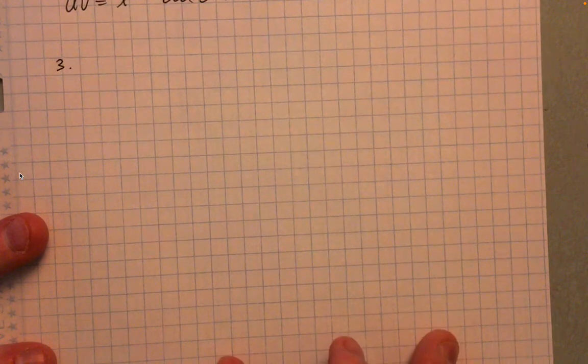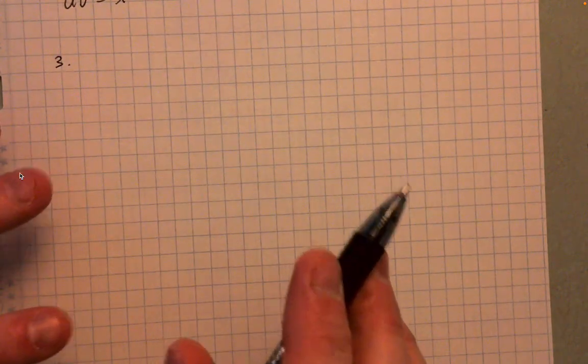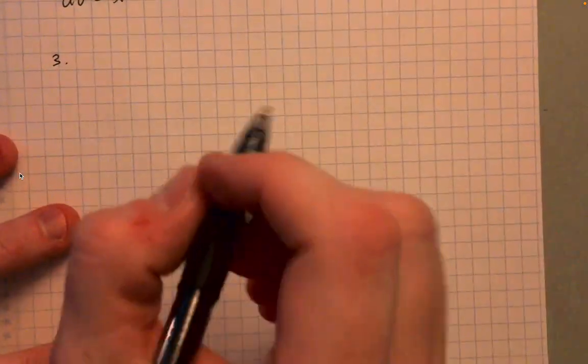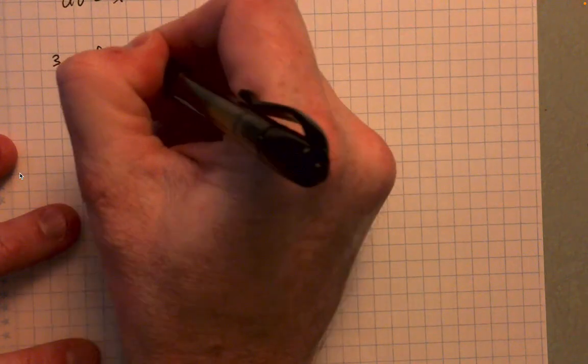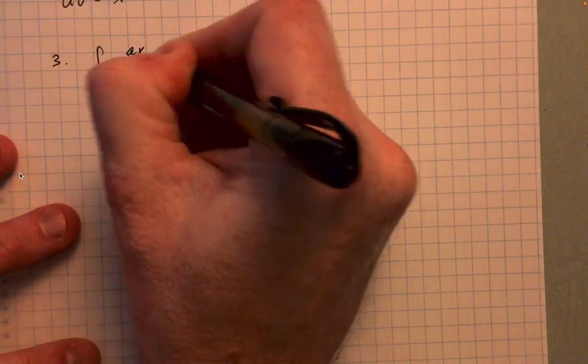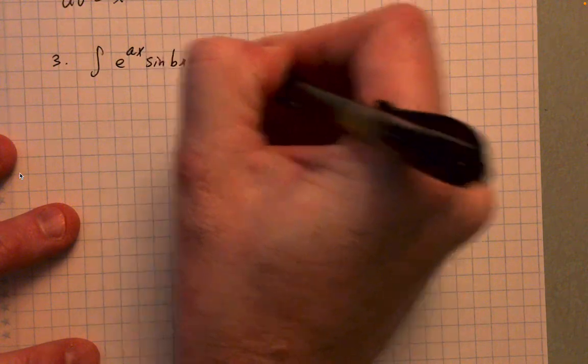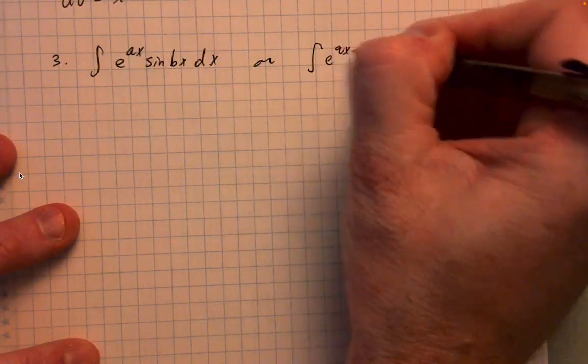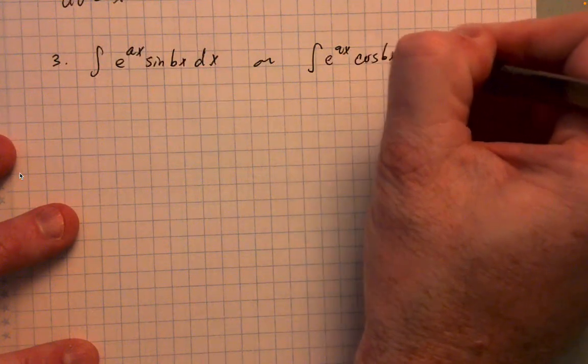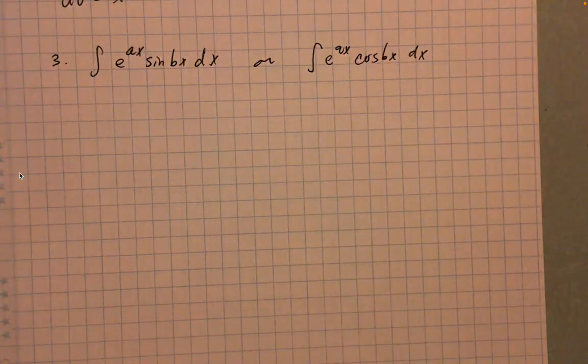And then finally, what about integrals where both parts of the integral are like an e or a sine or something that just keeps flipping? So what about integrals like e to the ax times sine of bx, or e to the ax times the cosine of bx?